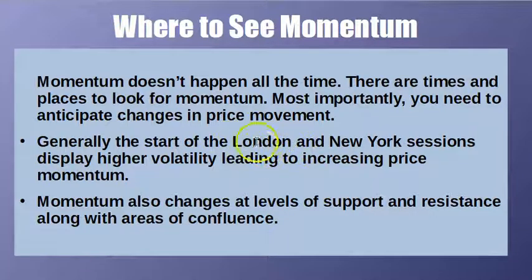Okay, so that's when these two huge trading sessions start, and then momentum also changes at levels of support and resistance, right? So you can anticipate that. You know, if price is going up, you can anticipate price coming back down. Price coming back down, you can anticipate price going back up, right? So that's what we mean, where to see momentum.